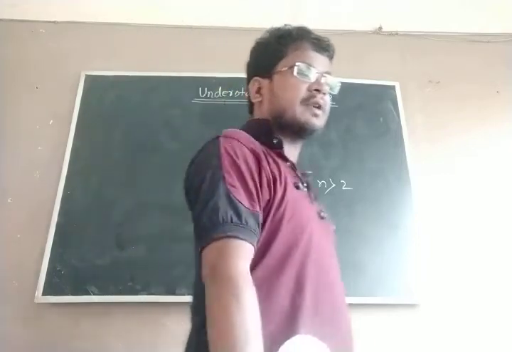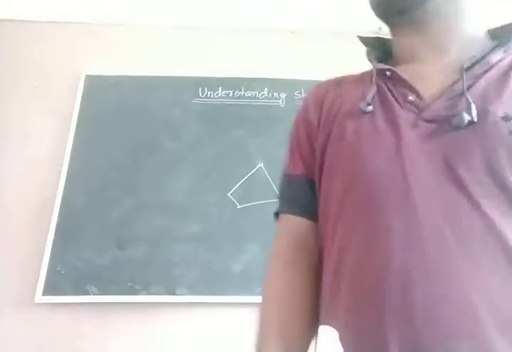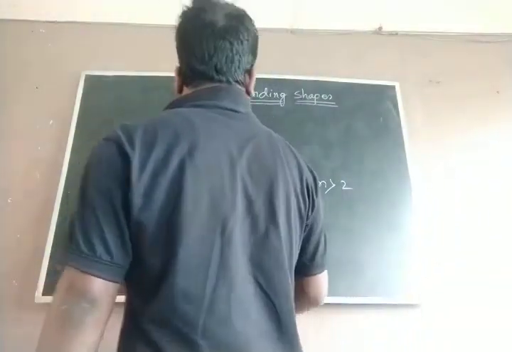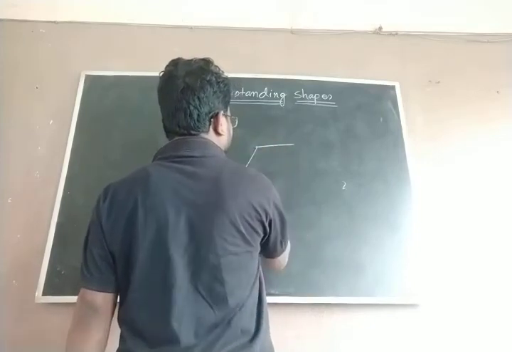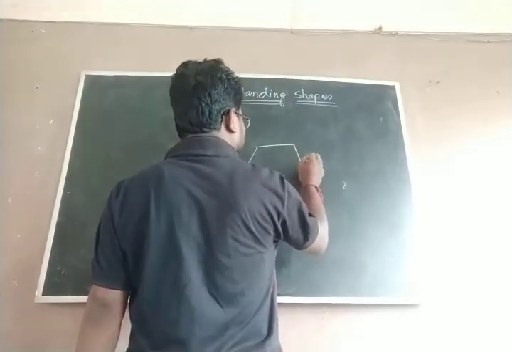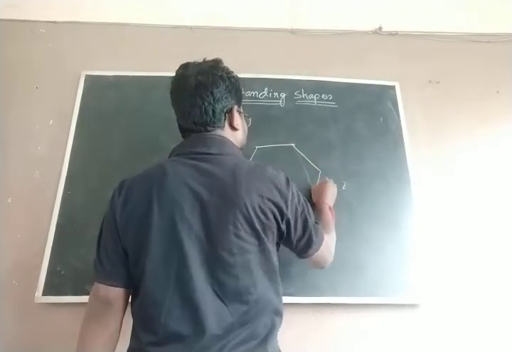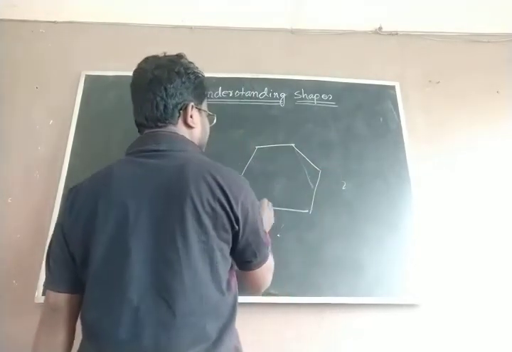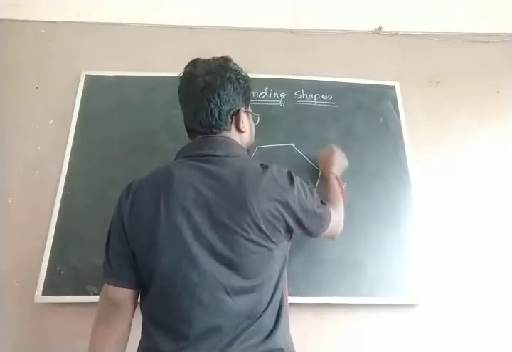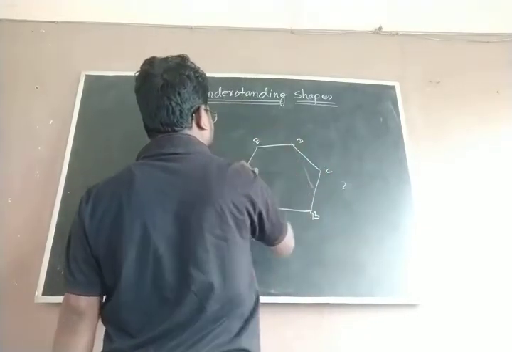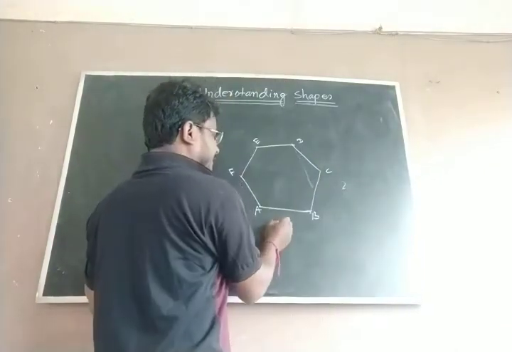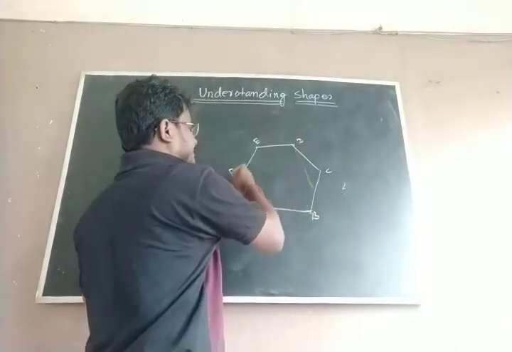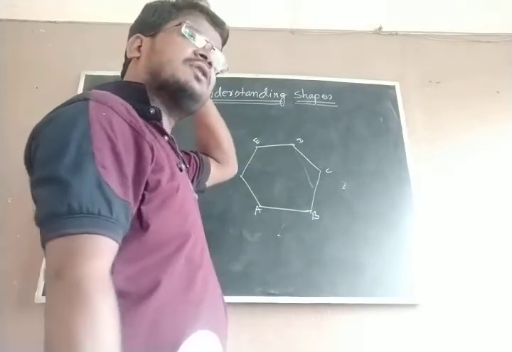Now the sides, vertices and diagonals of a polygon. What are the sides, the vertices and the diagonals of a polygon? Suppose I draw polygon A, B, C, D, E. This is a polygon. The sides of this polygon are AB, BC, CD, DE and EA. These are the sides of the polygon.